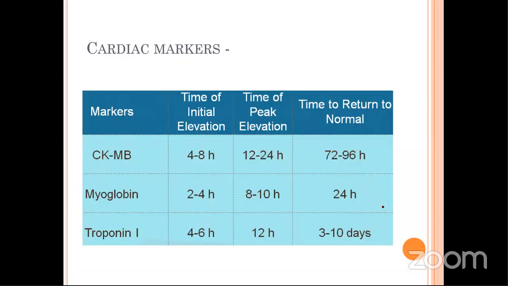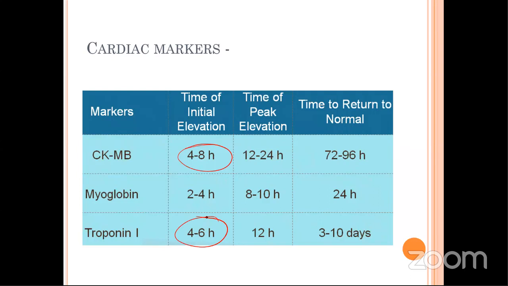So this is again a table to show you the time of initial elevation, time of peak, and the time of return to normal. You can see here, just to compare in a tabular form, for CKMB and troponin the time of initial elevation is almost the same.